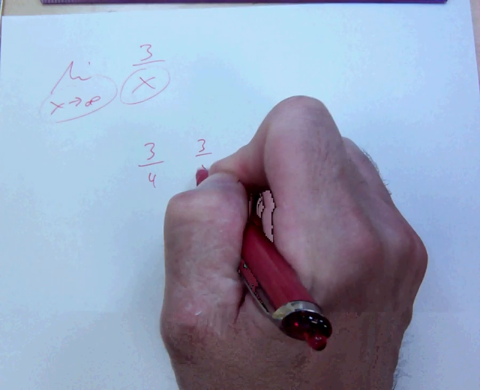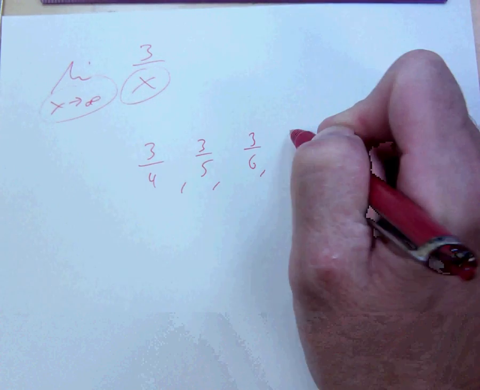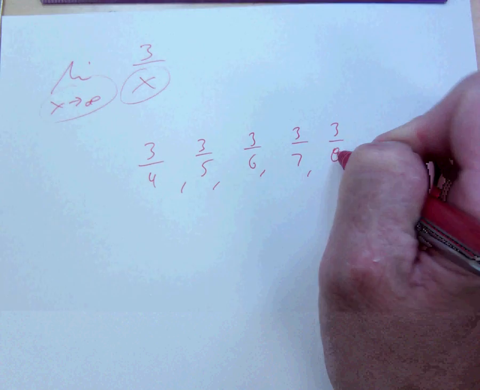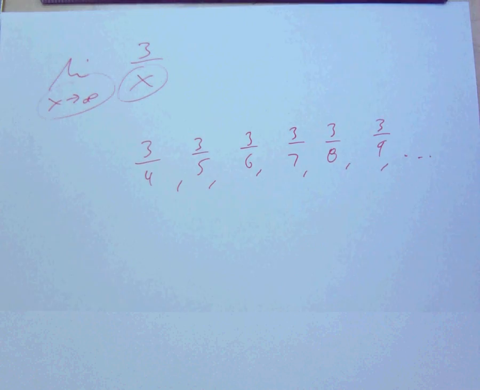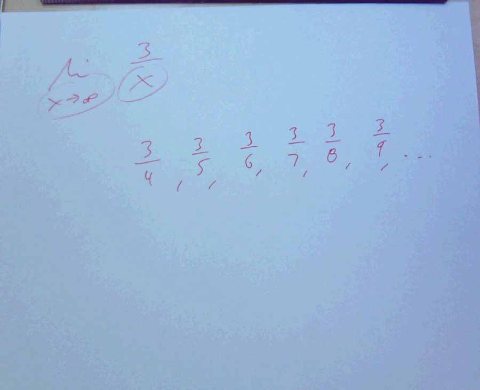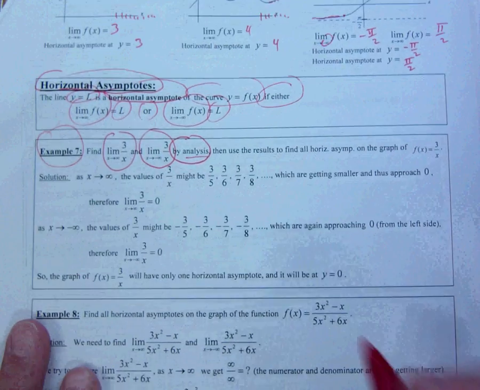So I'm just throwing some numbers up there. What's happening as x gets bigger and bigger? The whole fractions are getting smaller and smaller and smaller. So what's the limit? 0. Just 0. They're getting smaller, they're going to 0, aren't they, just by thinking about it? So that's where I got that limit from, right?